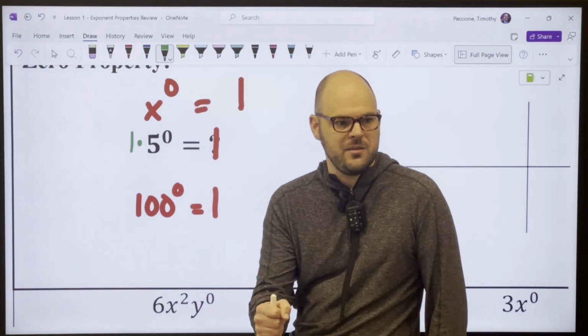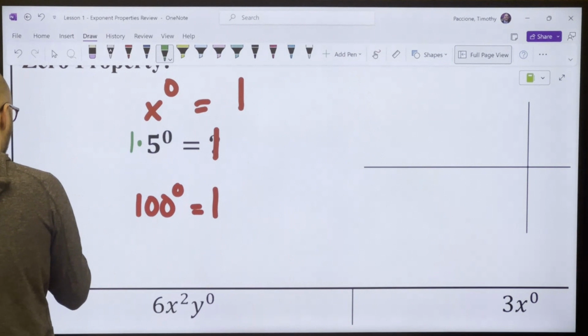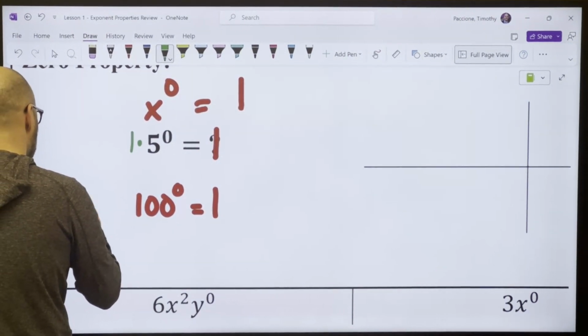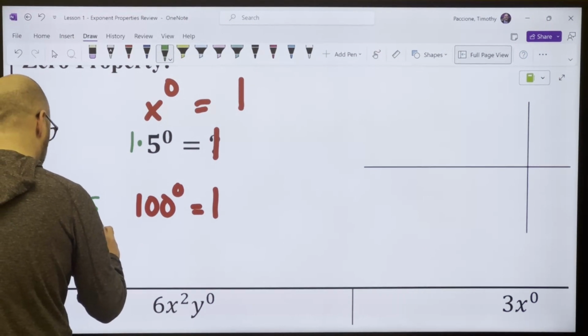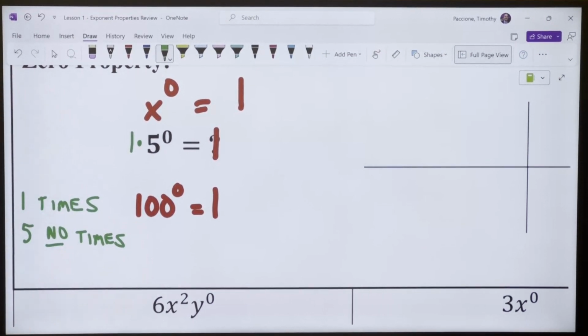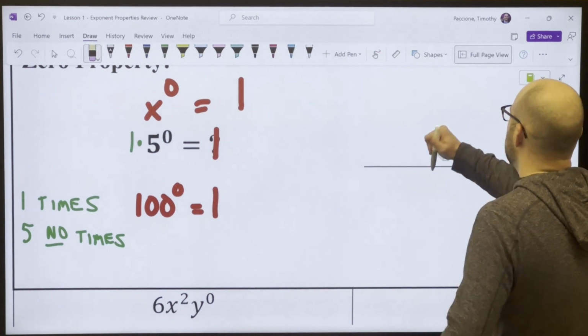Don't multiply by 5. Just 1. Okay? This is 1 times 5, no times. Okay? Now, that makes sense for a lot of people. This other thing makes sense for everybody else, and then we get everybody. All right? So I'm going to prove this to you another way. Ready?